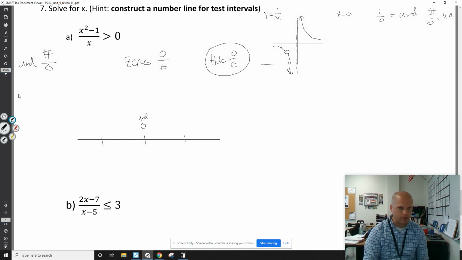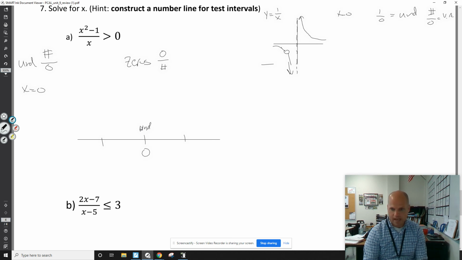I'll show you how I do it. We will find when our denominator equals 0. All right, that's at 0. So at x equals 0, my denominator is 0, so my fraction is undefined. It's an asymptote. I'll set the numerator equal to 0.